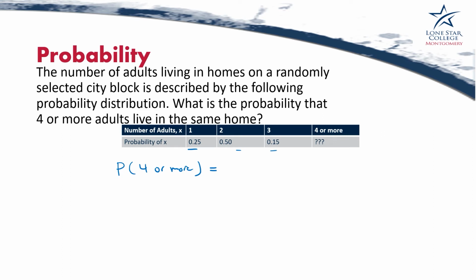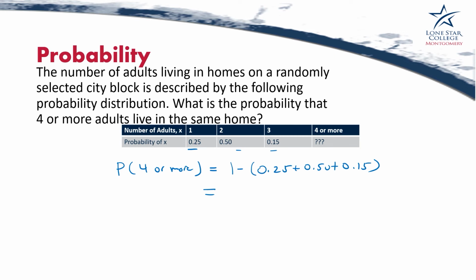So it would be 1 minus the probability of 0.25 plus 0.50 plus 0.15. Because everything has to be equal to 1, to find the remaining one, you add them up and subtract that from 1. So 0.25 plus 0.50 is 0.75, plus 0.15 is 0.9.